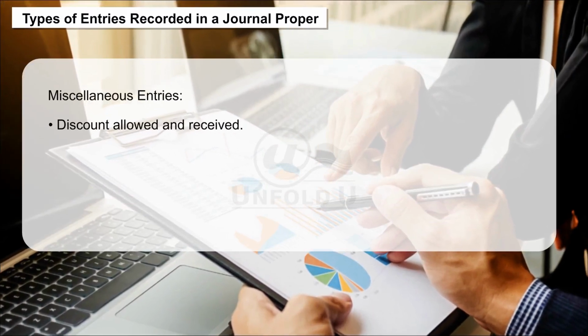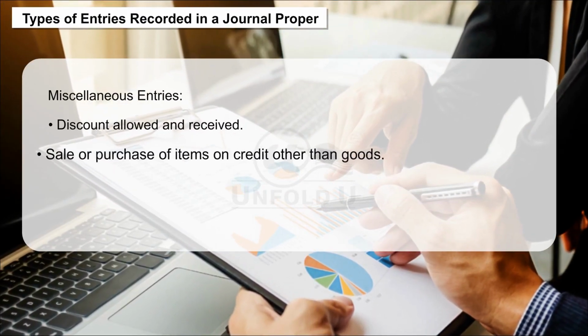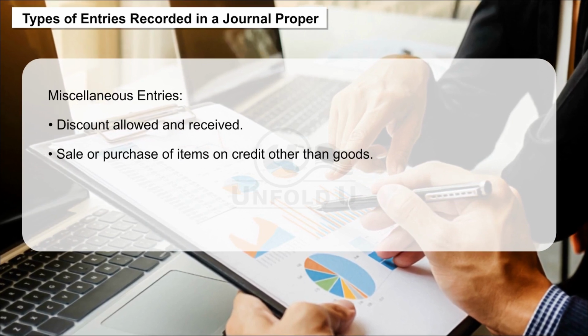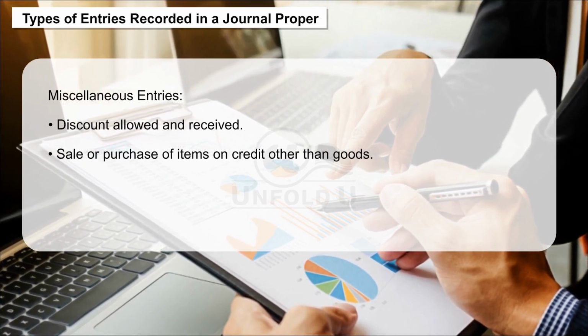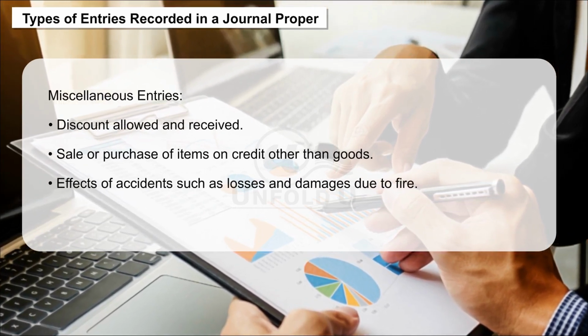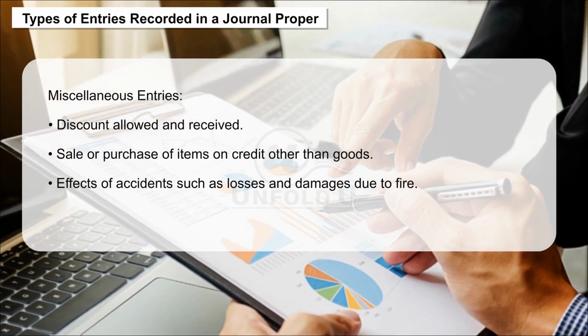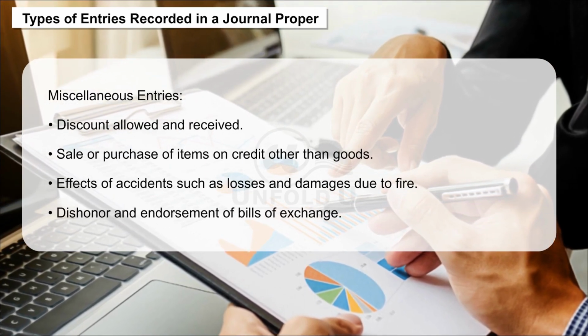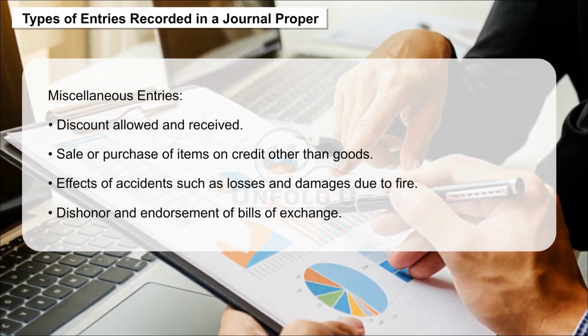Discount allowed and received. Sale or purchase of items on credit other than goods. Effects of accidents such as losses and damages due to fire. Dishonor and endorsements of bills of exchange.